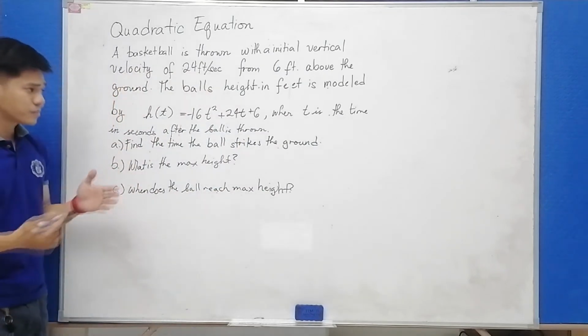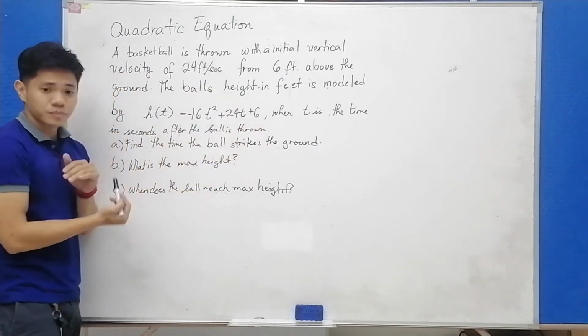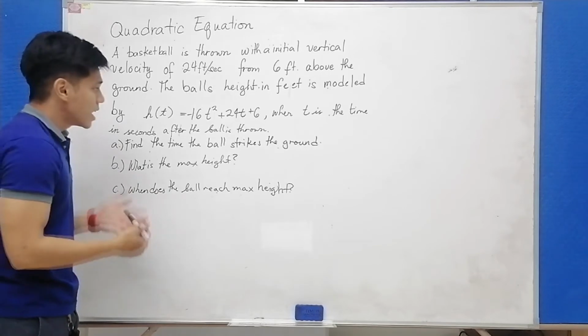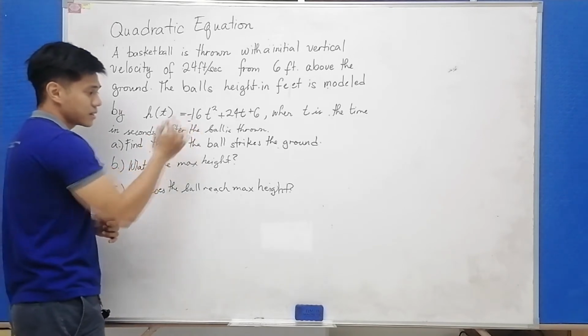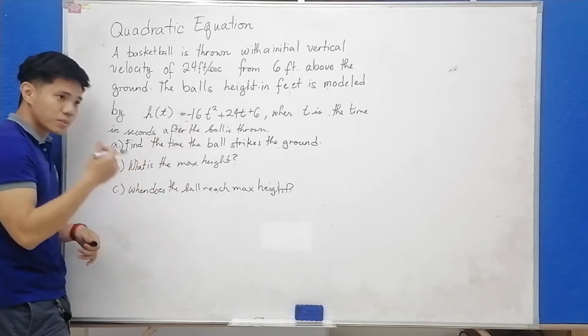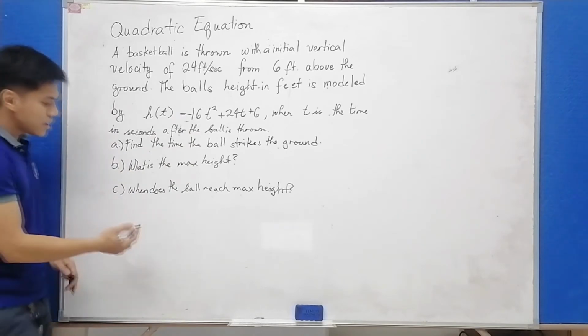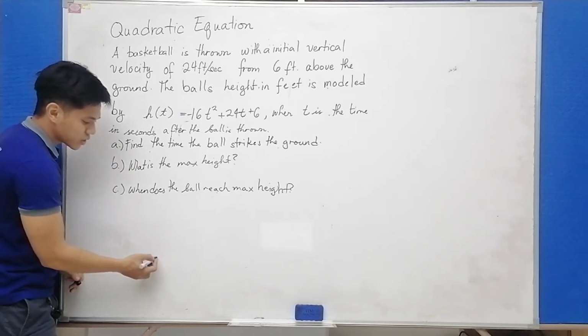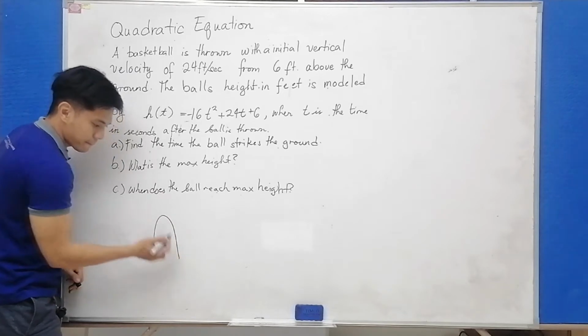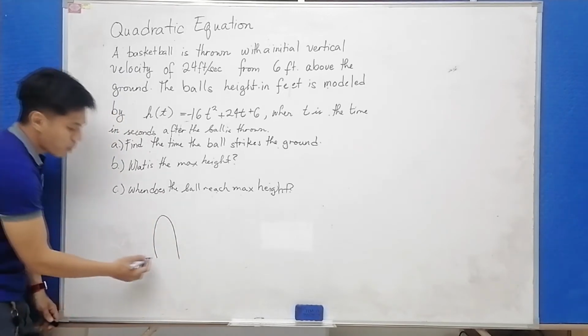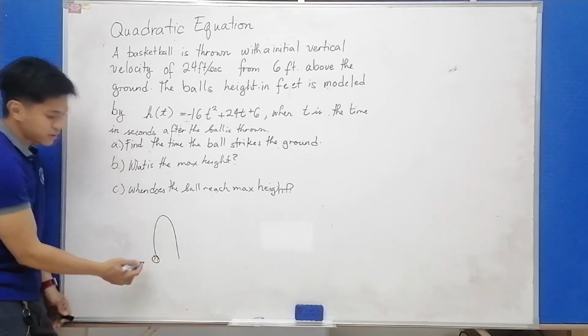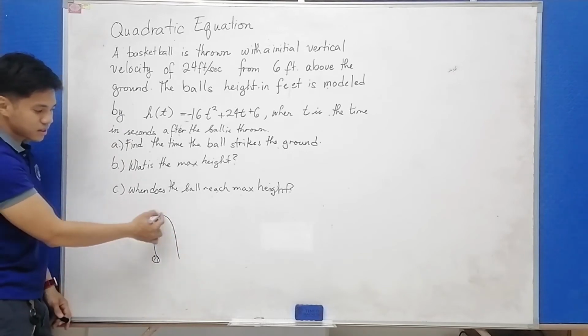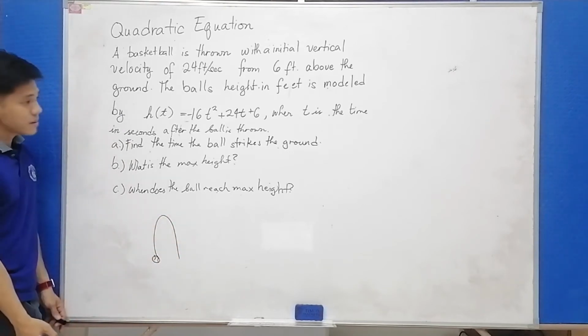So if you recall, this is a quadratic function, right? And we know that a is negative. And what do we call a being negative? If a is negative, we have a quadratic function shape that looks like this, right? So we can imagine a ball being thrown at a vertical velocity and it takes this shape.